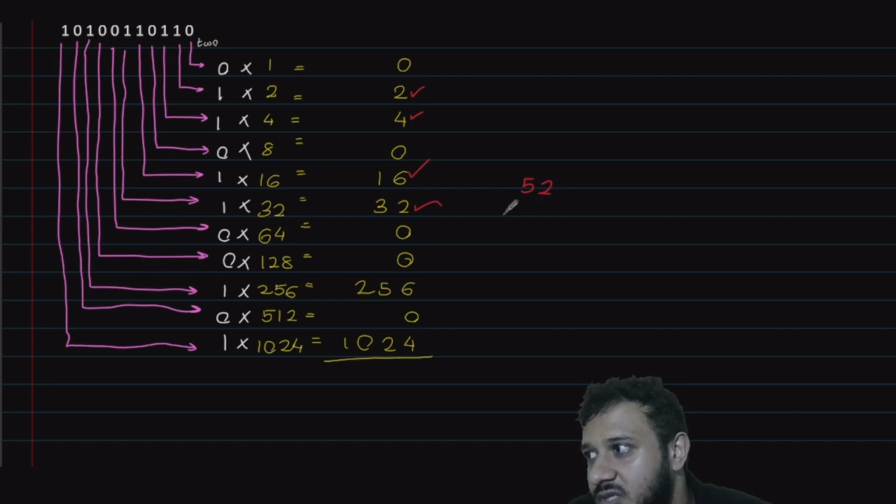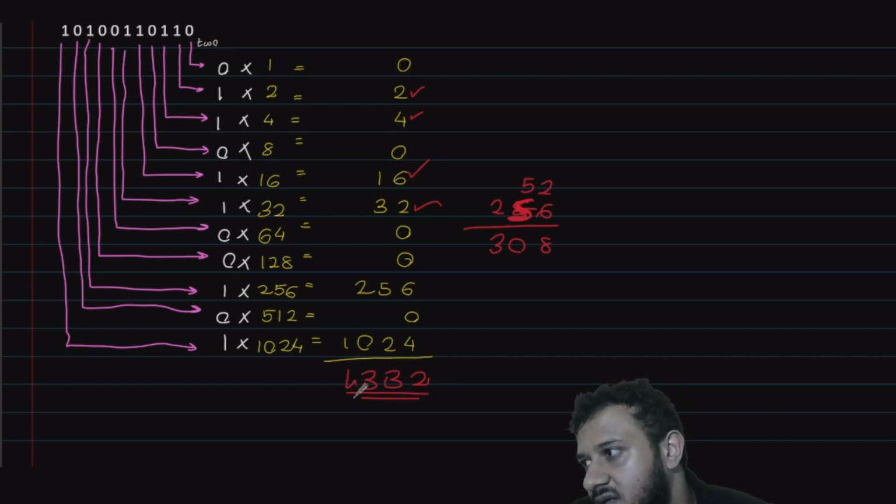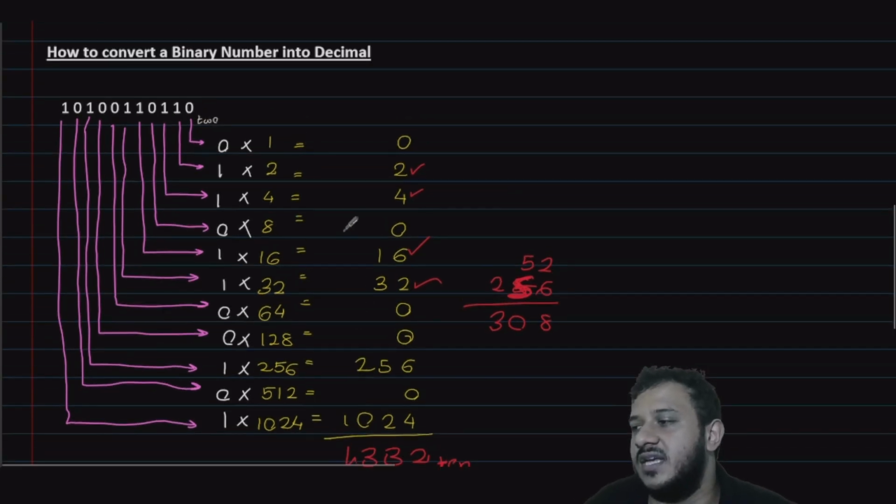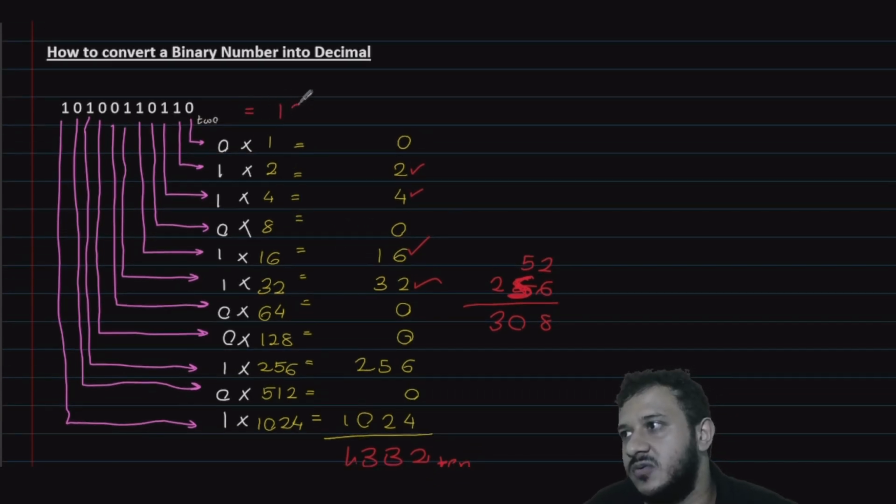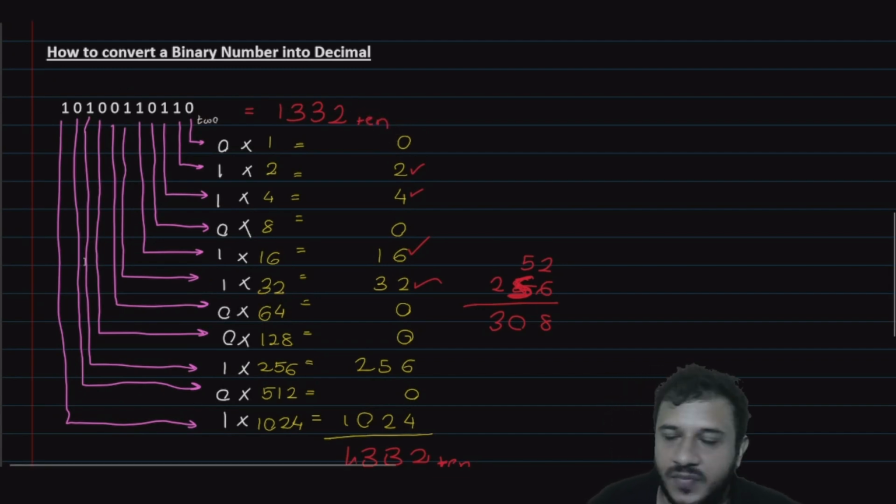So that's 52. 52 with 256, that's 308. 308 with 1024, that's going to be 1332. So it will be 1332 with a subscript 10. 1332, decimal.